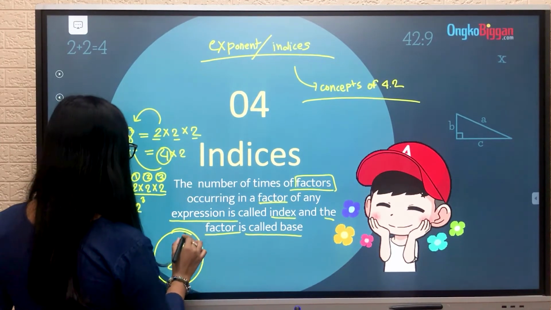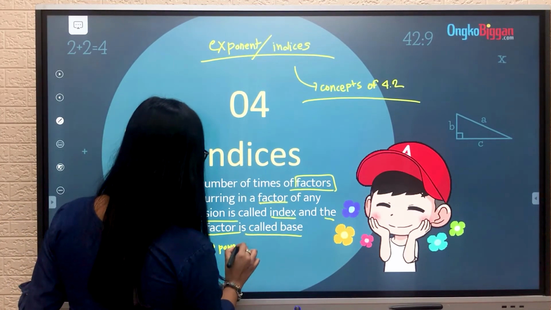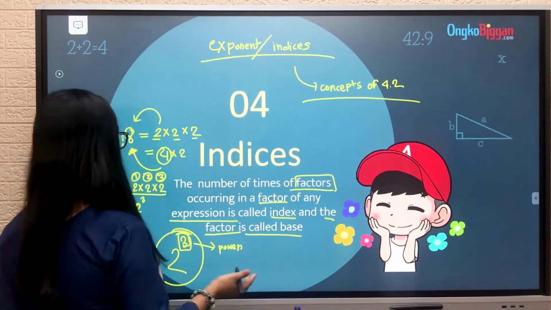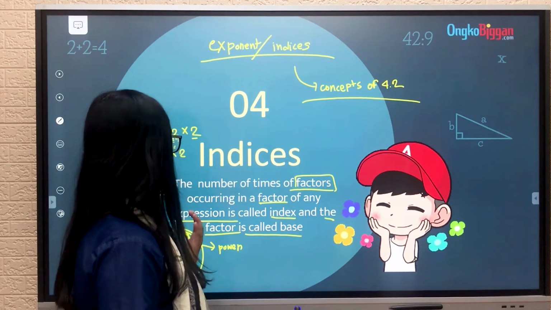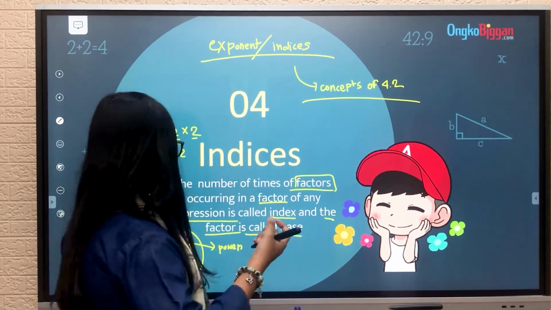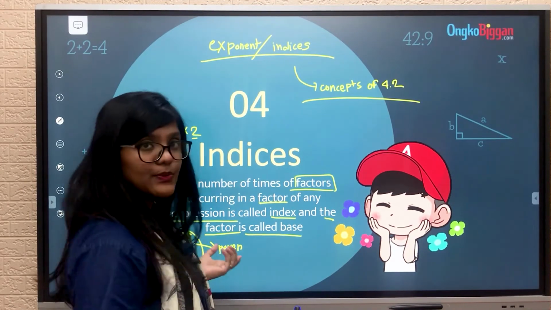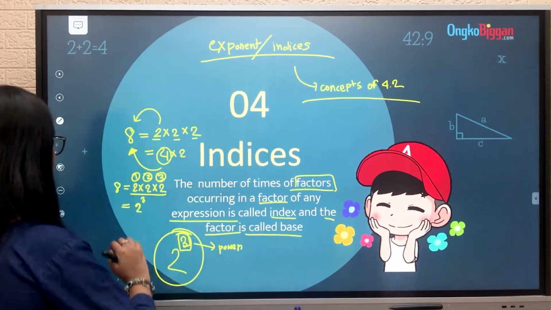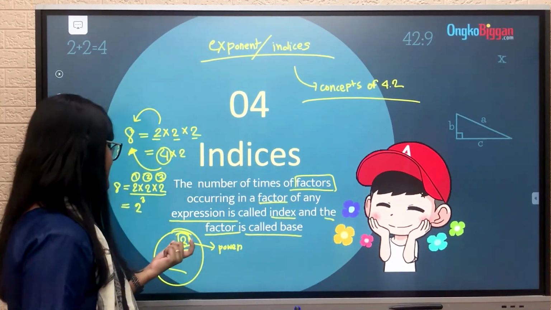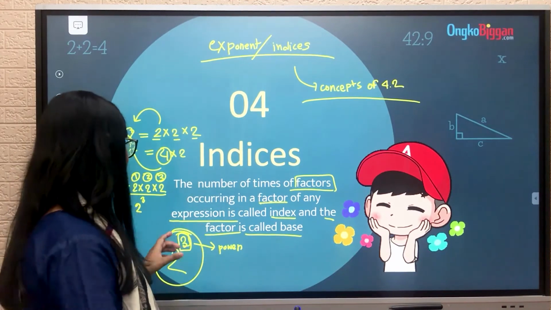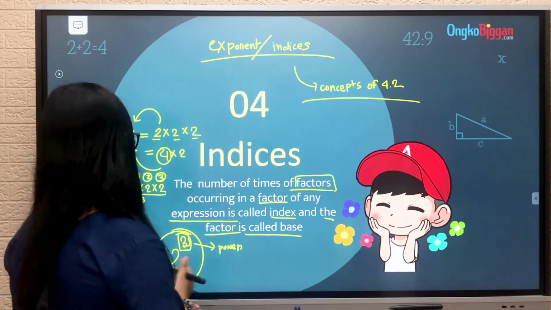This is also called power. Power or index, whatever you want to say. So we will say that the index, or power, of 2 is 3. Index is basically the number that is expressed as the power of 2. You can say either power or index, it's up to you.